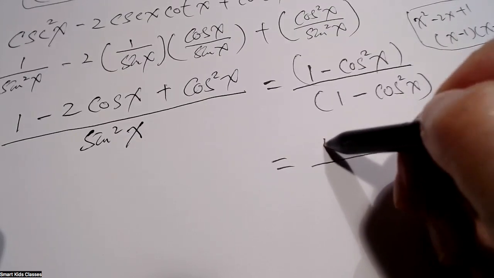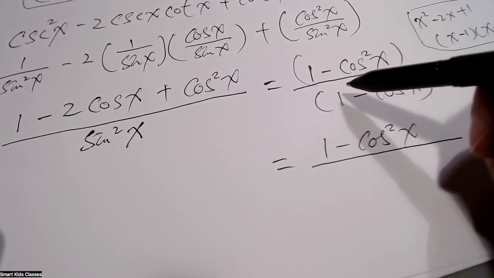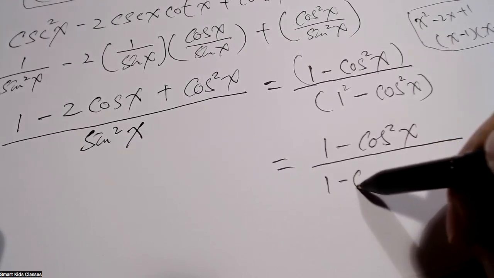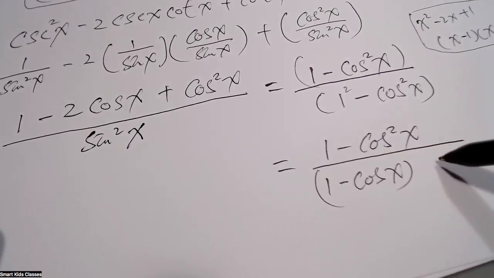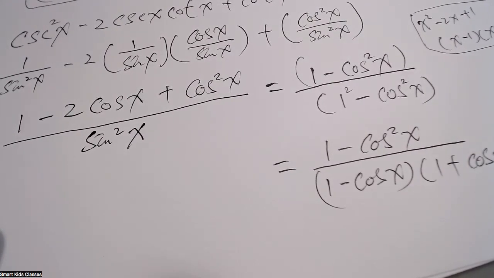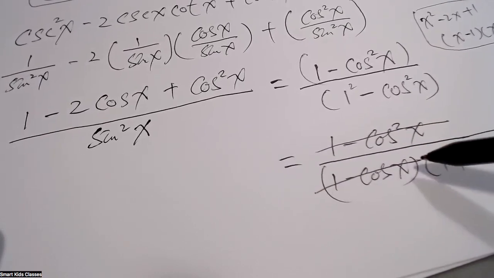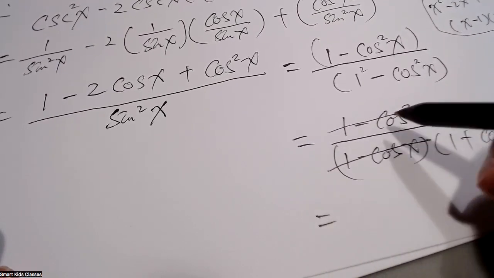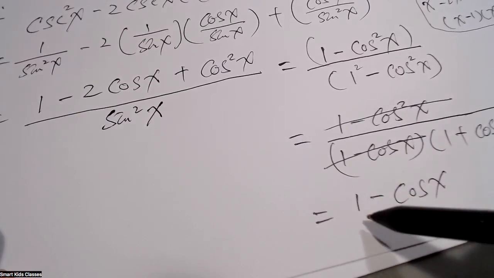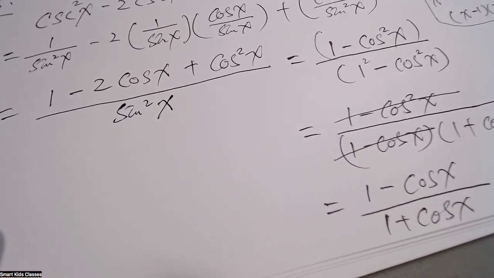The 1 minus cosine squared x can be written as a difference of squares, so we get (1 minus cosine x) times (1 plus cosine x). We're able to cancel one factor, and after canceling, what we have left is (1 minus cosine x) over (1 plus cosine x).